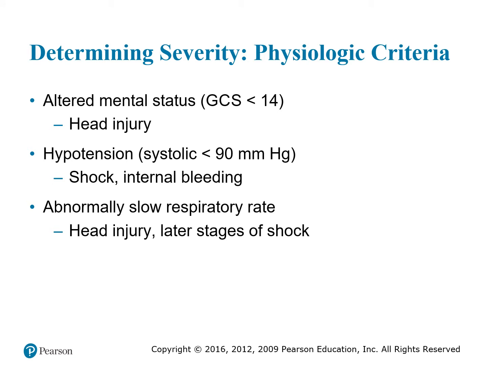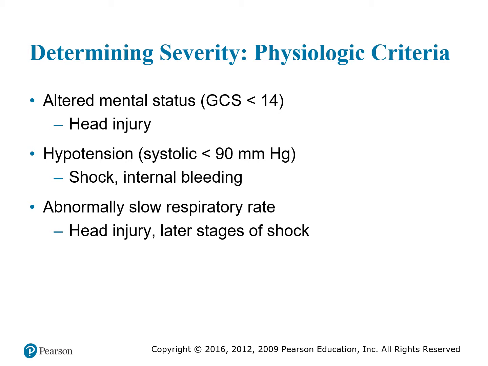All right, so how do we determine how severe they are? Again, we can make quick decisions based on just how they look, our initial impression, our general impression of the patient. But there are some criteria that we're going to look at. If we remember back to last chapter, the GCS or Glasgow Coma Scale, remember that all of us are 15s walking around.